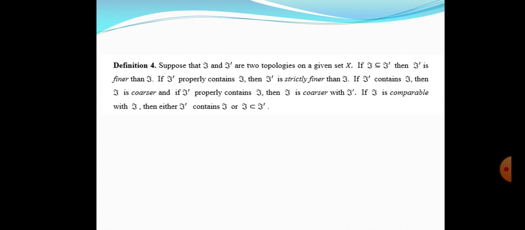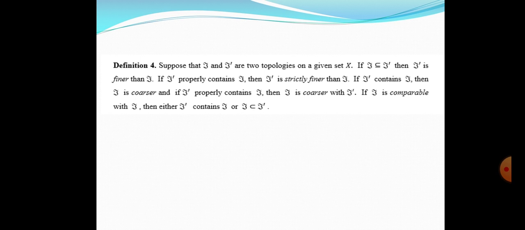Next definition. Suppose that tau and tau dash are two topologies on a given set X. If tau is a subset of tau dash, then tau dash is finer than tau. If tau dash properly contains tau, then tau dash is strictly finer than tau.